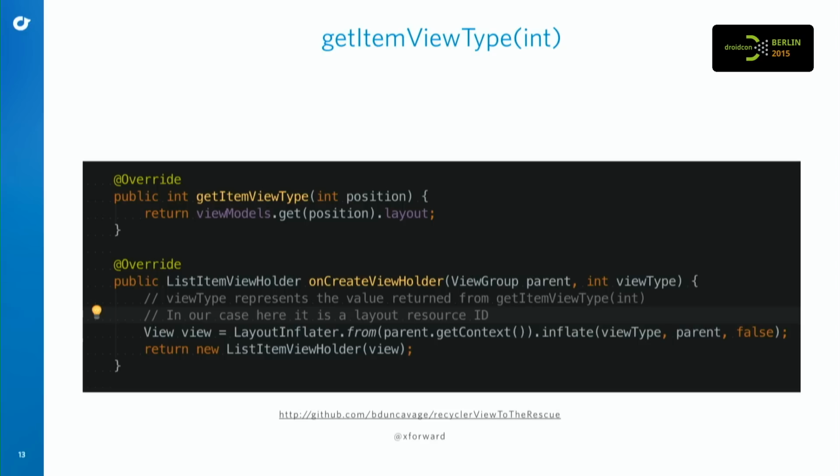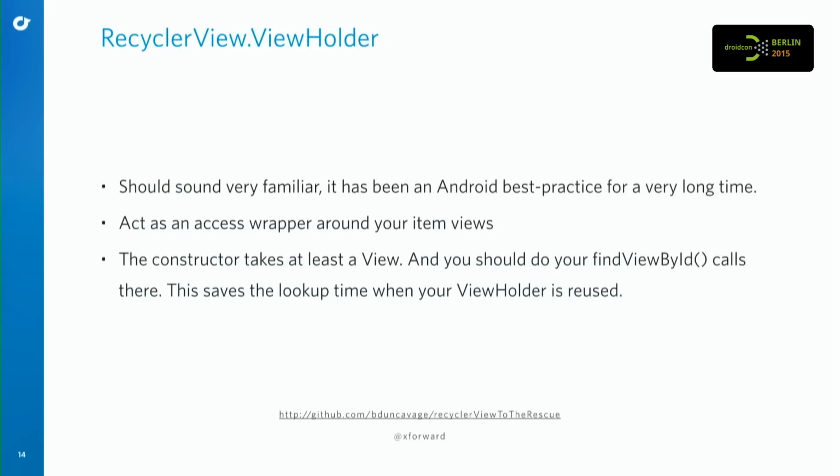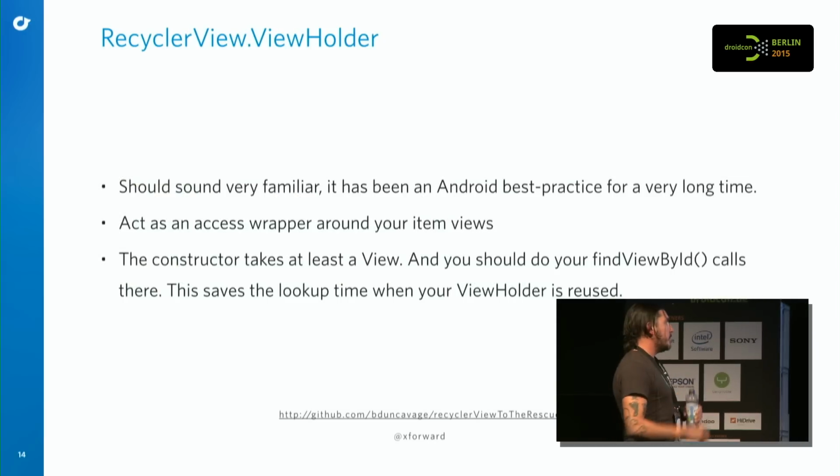You don't have to know ahead of time, or any time, how many different views you're going to have. You don't have to tell the RecyclerView. It doesn't care. Internally, it's creating partitioned caches for each different view holder, based on what you return from here and then there. Okay, so view holder. This is getting towards the last piece.